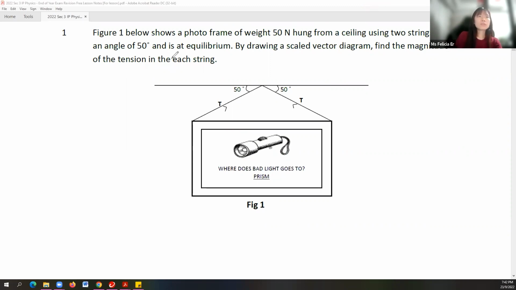So how do you do it? At the start, you should always have a scale. So first, let's have a scale. Can someone suggest to me a possible scale for this question, based on the amount of paper space that you have? Any suggestion on the scale?